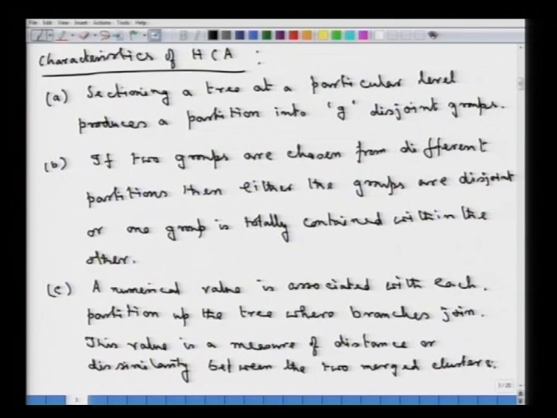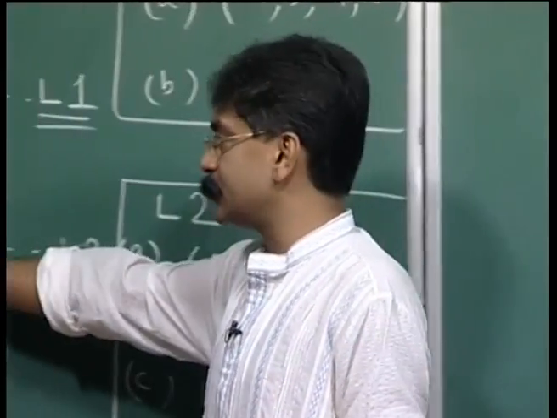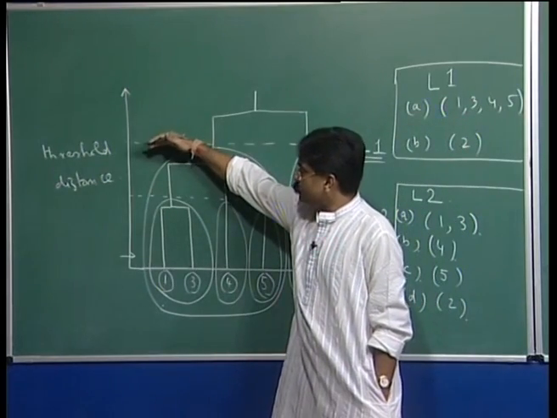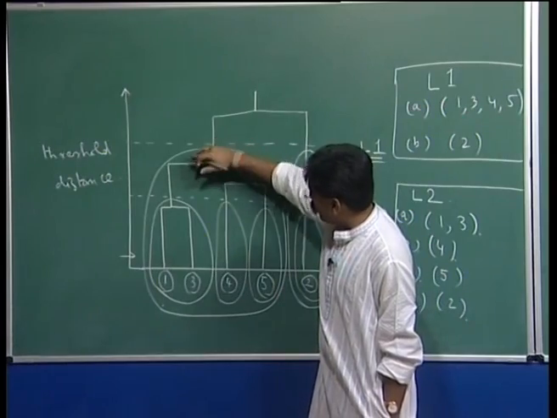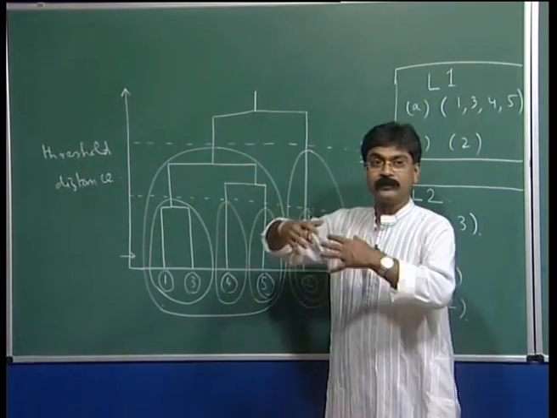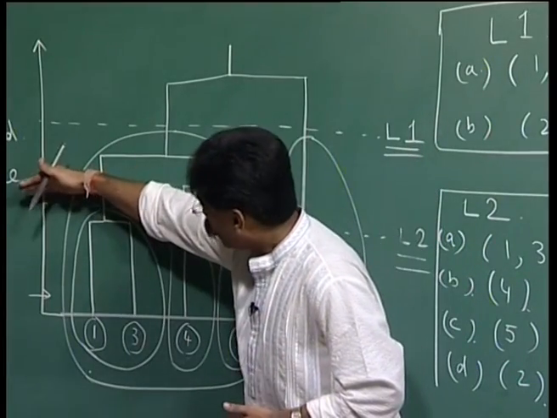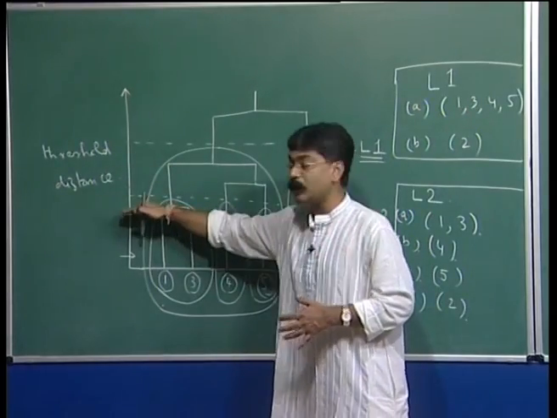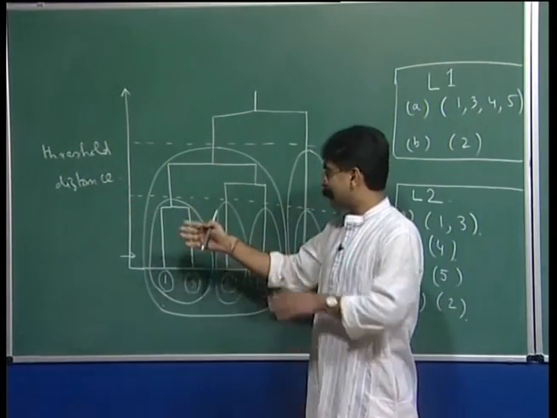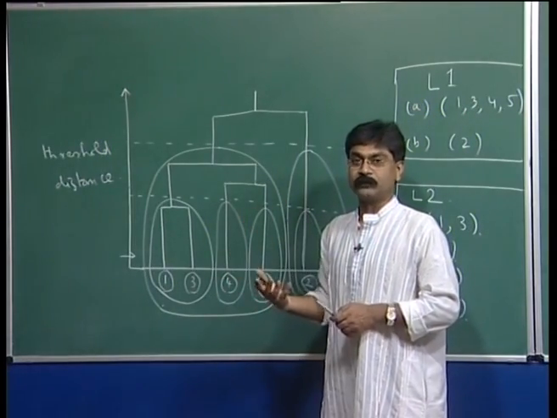Right, because that is what we have seen, that from this particular figure, if we are looking at this level of resolution, then here at this particular point all these 4 cases are merged. So at a higher distance all these cases are merged at this distance. So on the y axis here the distances are measured. So corresponding to each merger we will have a distance that signifies at what level the corresponding cases are joined together here.